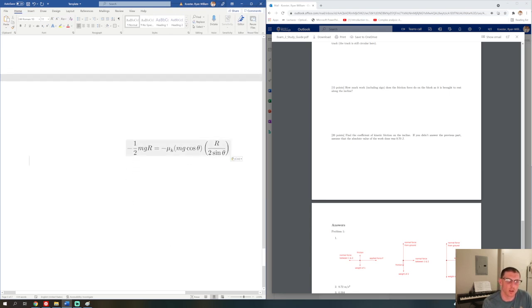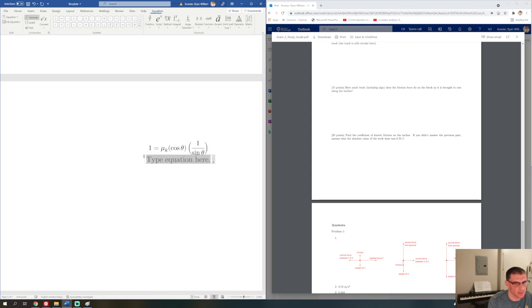So we get rid of the 1/2, we get rid of the 2, we get rid of mg, actually we get rid of R as well. And we get rid of the negative sign, because just multiply both sides by -1, same thing.